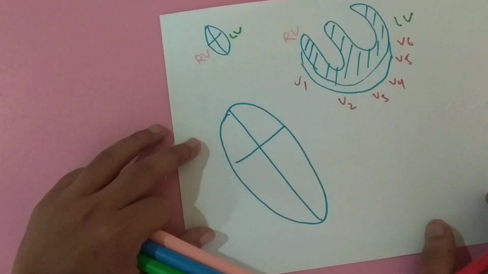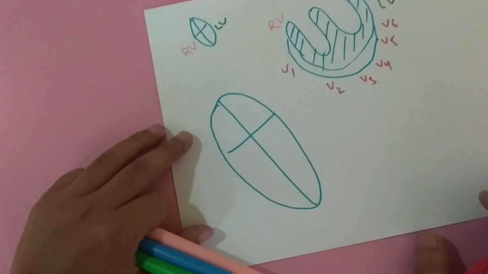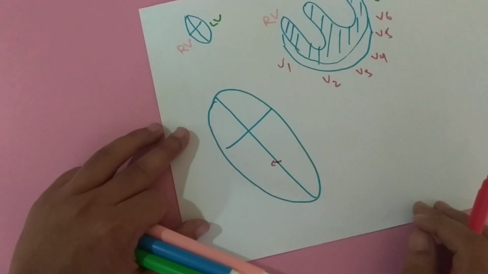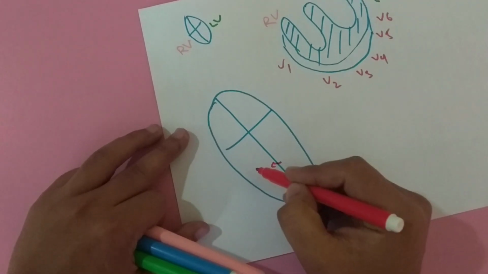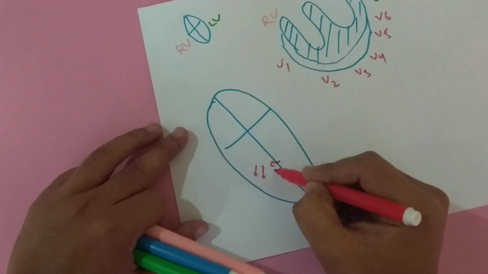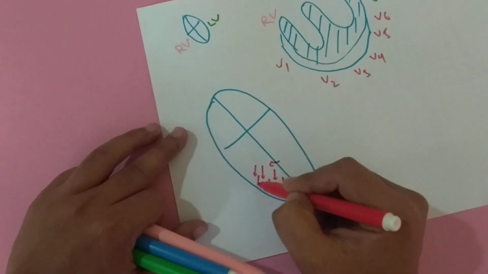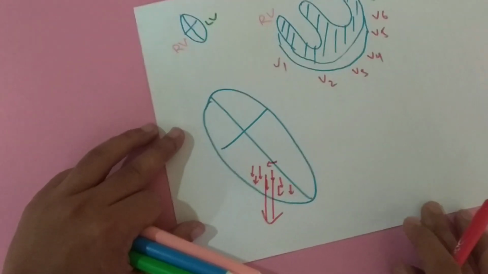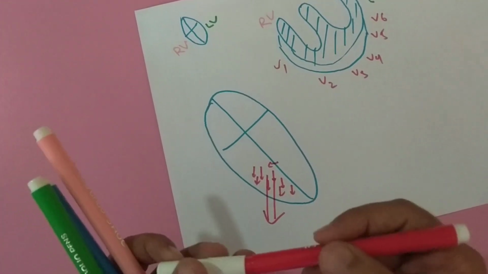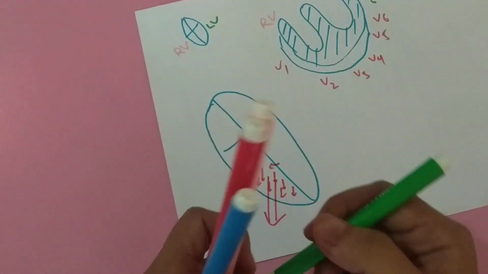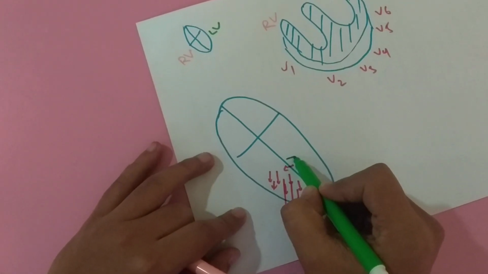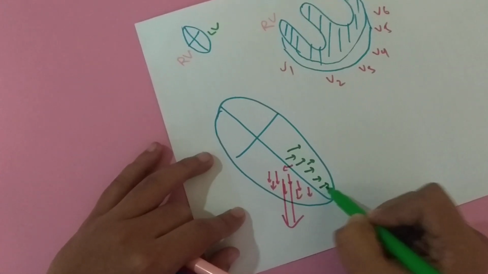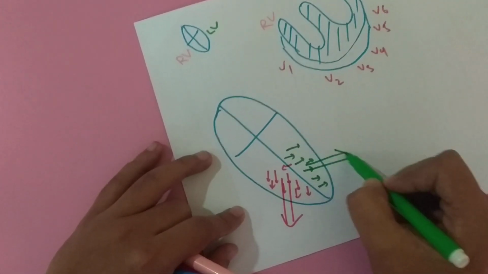After septal depolarization, gradually the ventricles get depolarized. So the polarity of the right ventricle will be facing this way, so the vector will be like this. In the same way, the depolarization also propagates in the left ventricle, and gradually the direction becomes like this and the resultant goes like this.